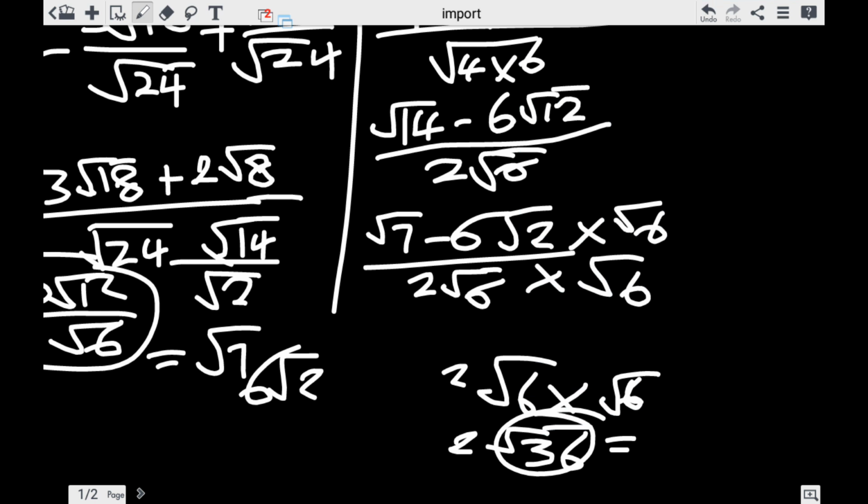So therefore you should get 2 times the value of that root 36, which is 6. So 2 times 6 is 12.